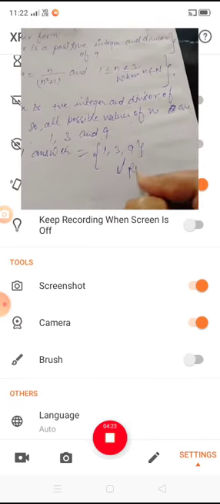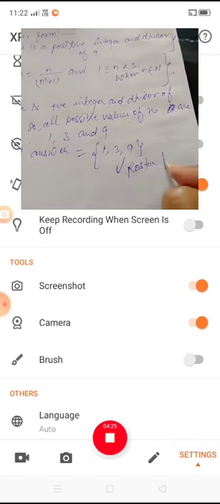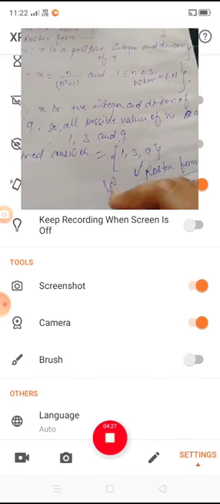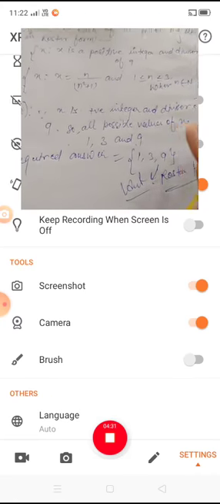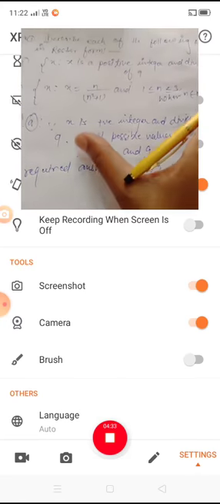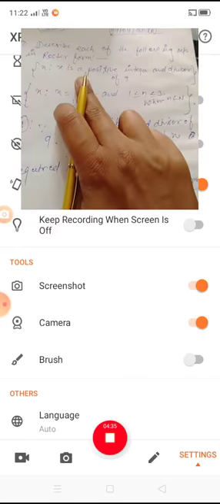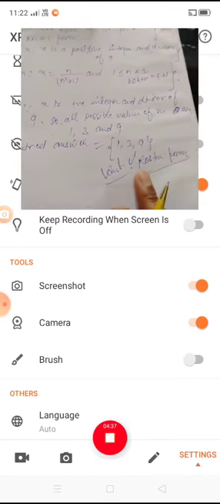This is our answer. In this way we convert set builder form into roster form.